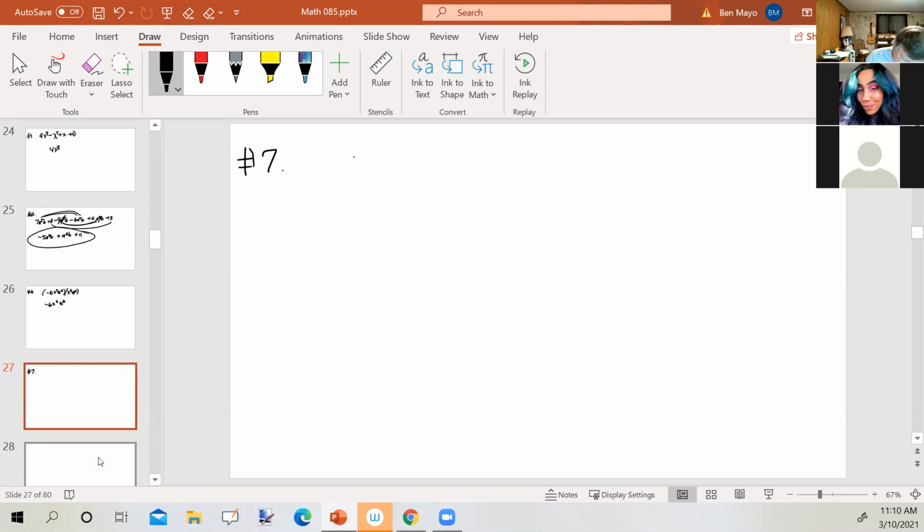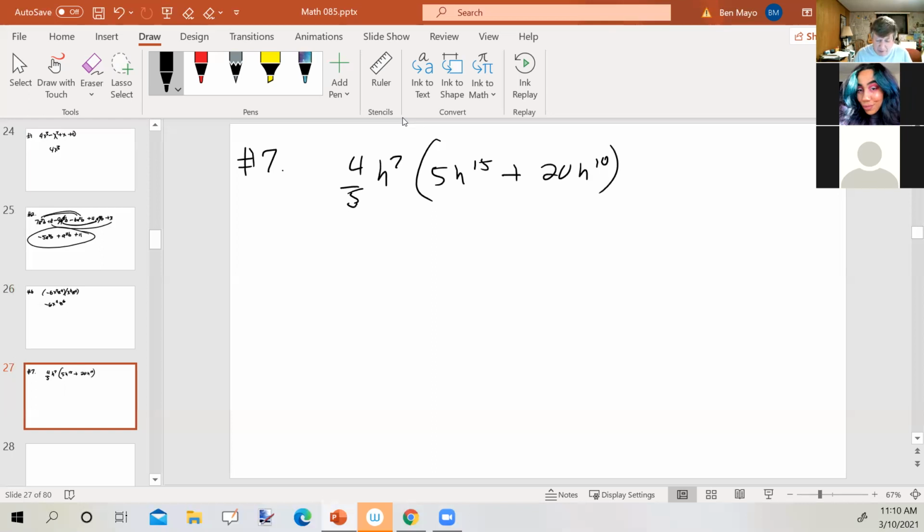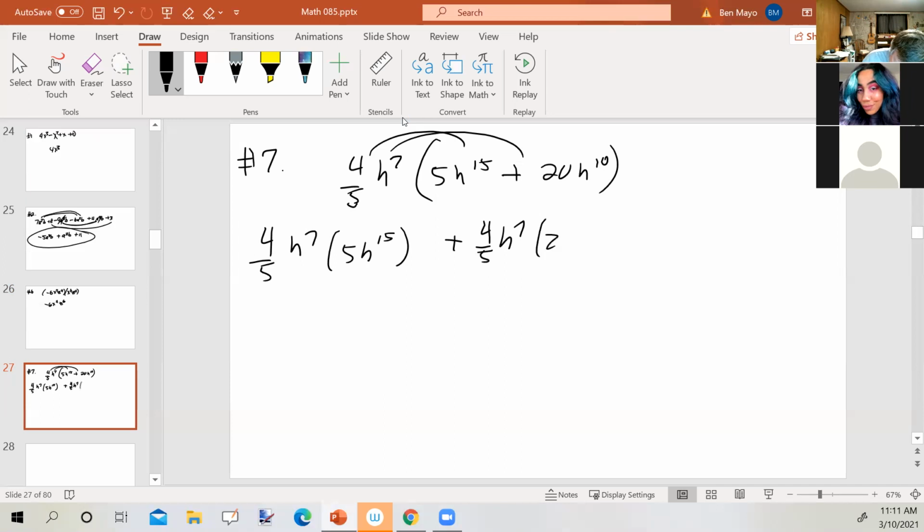All right, let's take a look at number 7. It says multiply 4/5 h to the 7th power times the quantity 5h to the 15th plus 20h to the 10th. So distributing, we get 4/5 h to the 7th times 5h to the 15th plus 4/5 h to the 7th times 20h to the 10th.